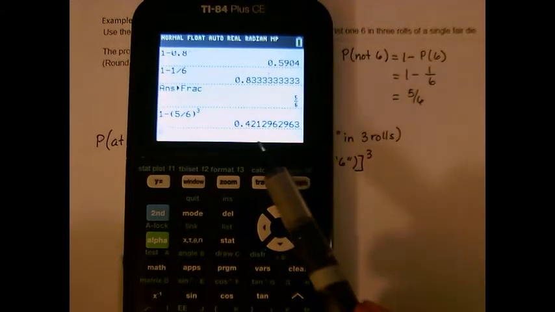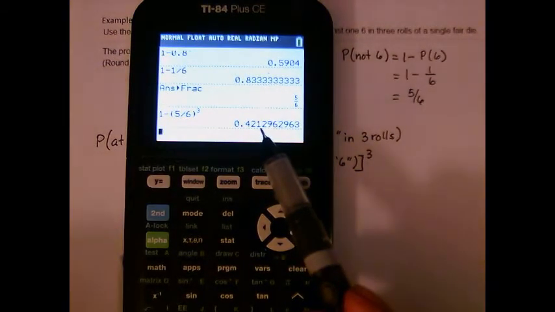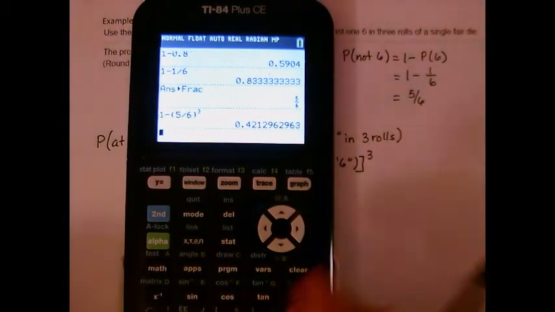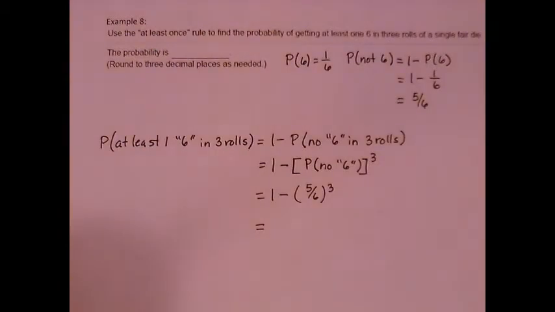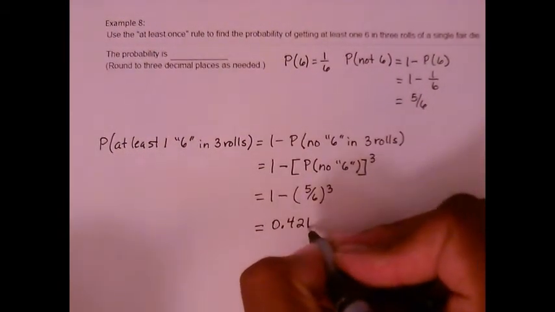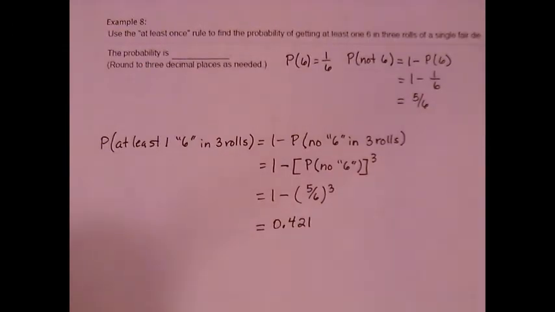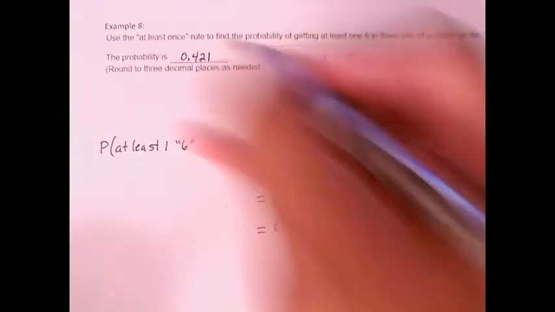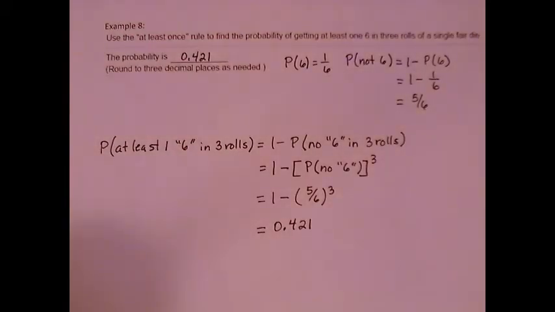Now, to 3 decimal places, the 1 is the 3rd number after the decimal point. To the right of it is a 2. It's less than 5, so that 1 remains the same. So it'll be 0.421. And that decimal value is the probability of getting at least one 6 in 3 rolls of a single fair die.